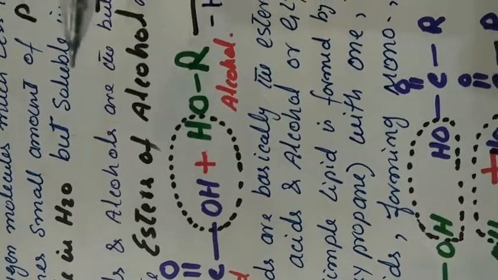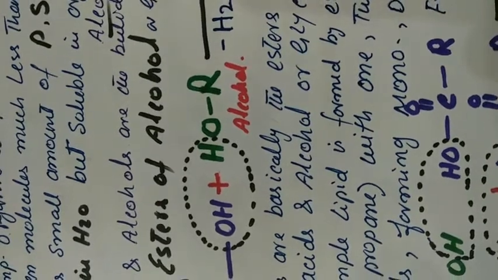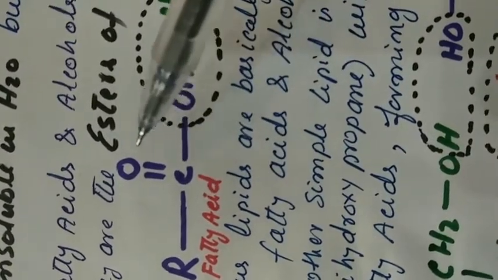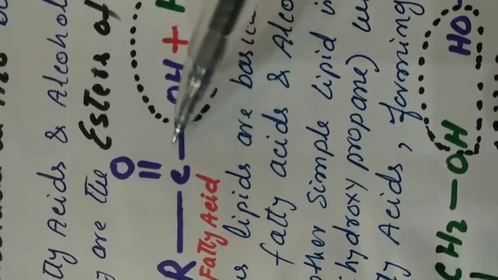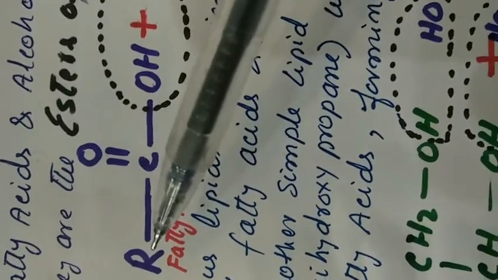In fact, these lipids are the esters of alcohol or glycerol, which is also a type of alcohol, and fatty acids. For example, here is a general simple fatty acid which has a carboxylic group, that is COOH, and a side chain denoted as R, which is actually made of 2 to 19 carbon atoms.